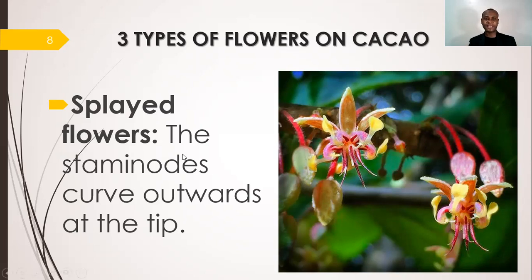So here we see that the staminodes divert or open outward. They are not straight and they don't converge, but they open outward. At the tip we can see that they are opening upwards. So these are the three types of flowers.